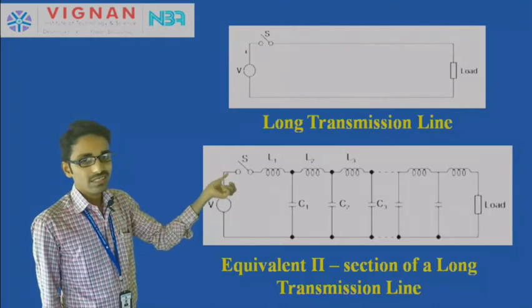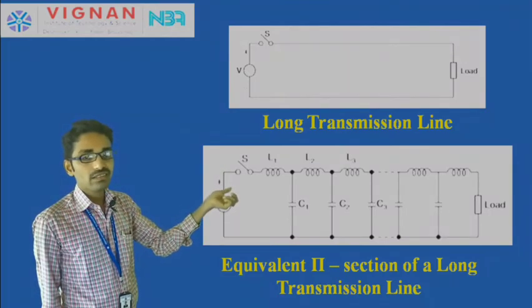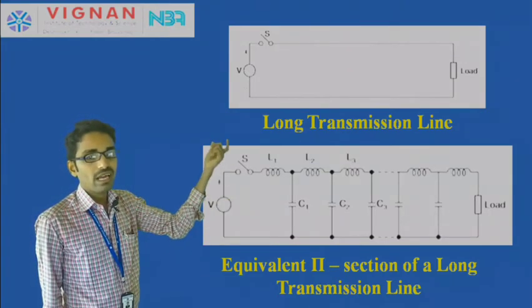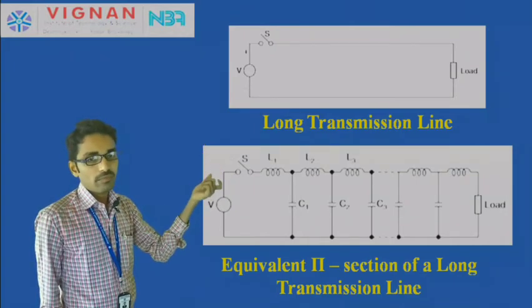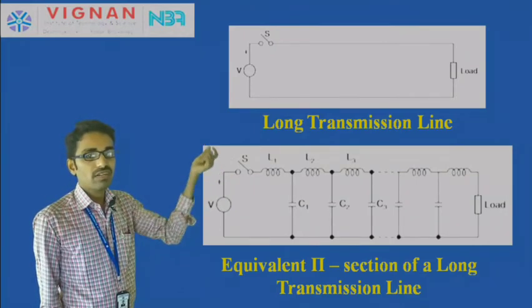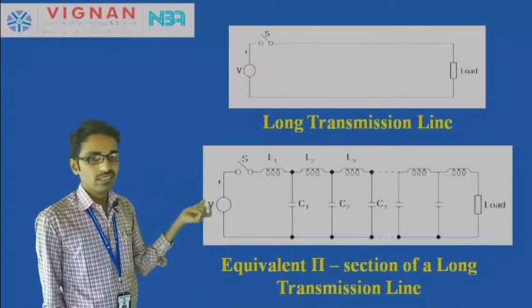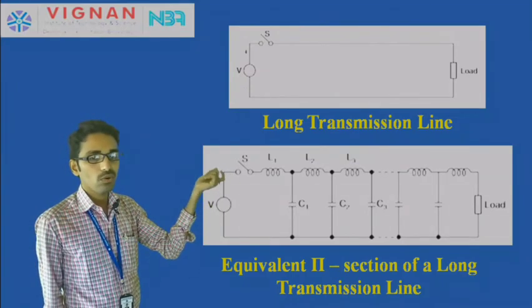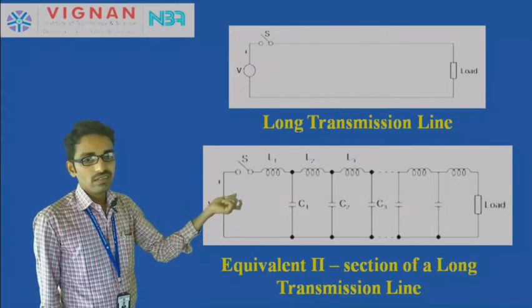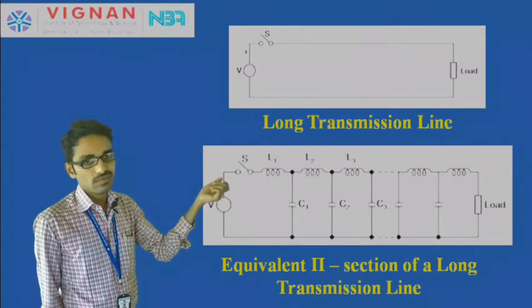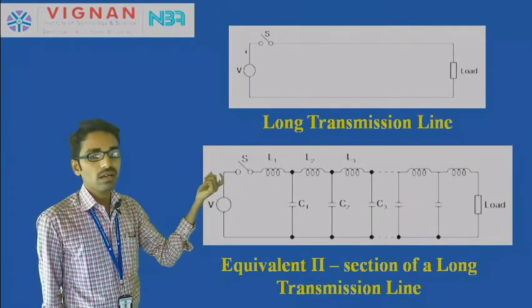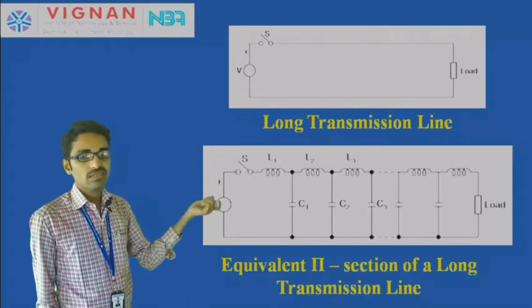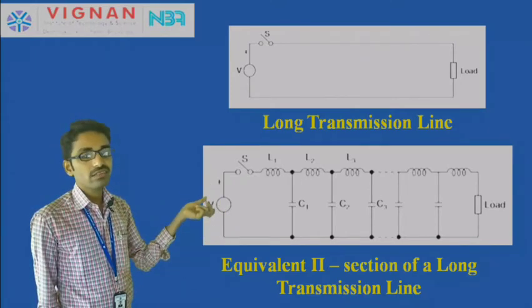Across C1 the voltage is 0, but L1 is open circuited. After closing the switch, L1 is slowly charged and then C1 is charged. That means L1 allows the current to flow through C1, and then C1 gets charged.